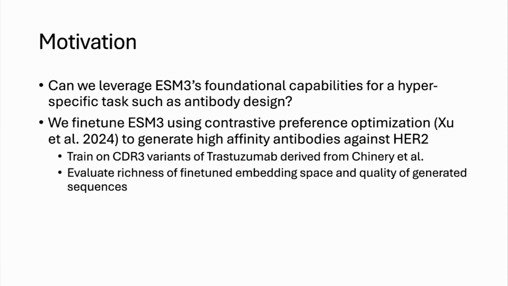So CPO, or contrastive preference optimization, works by learning from pairs of examples where one is preferred over the other. This allows the model to emphasize features associated with higher performance or utility. We'll finally evaluate the embedding space, embedding quality, and sequences generated.